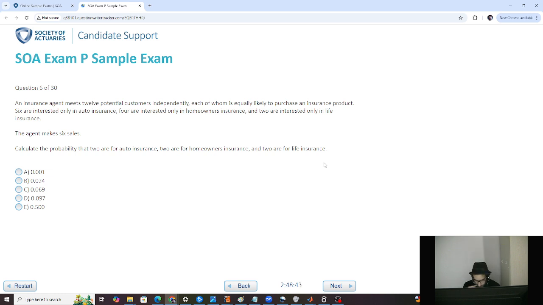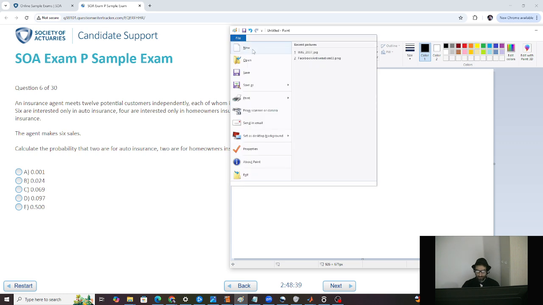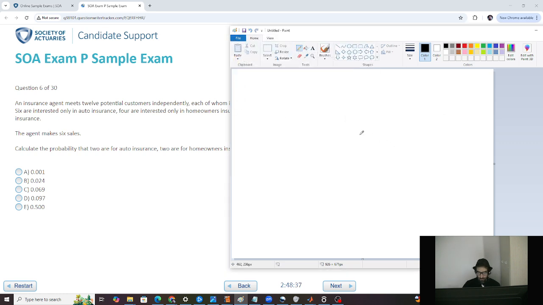Yeah, wait a minute. How do we think about this again? If we ask first, what is the probability that exactly 2 of them are for auto insurance? Okay, yeah, so it's a modified hypergeometric. Yuck.